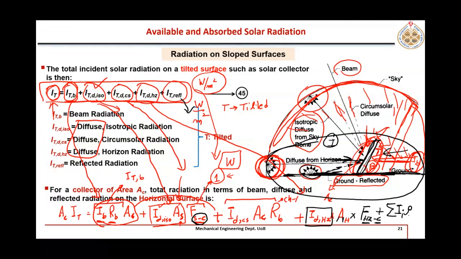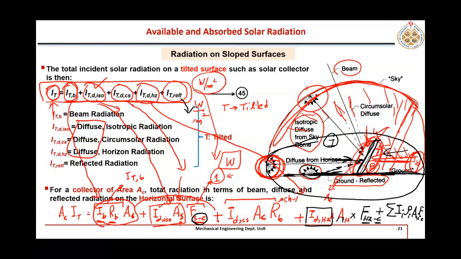So here rho is representing the reflectance of the ith surface. And area of that ith surface, whatever surface is present, right? And then the view factor from this ith surface to the collector. This is the reflected part from the surrounding.